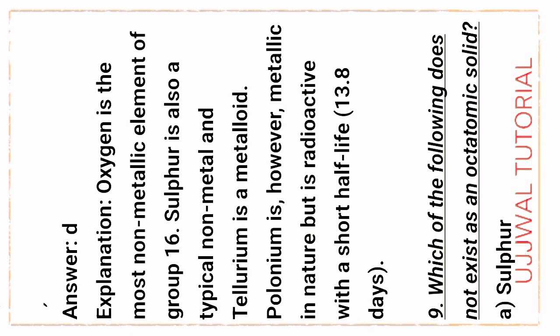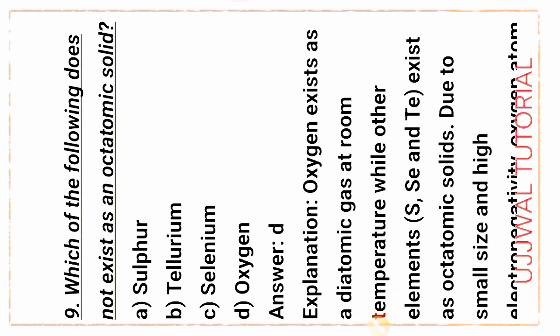Next question, question number 9. Which of the following does not exist as an octaatomic solid? That is option D. To explain this part, oxygen exists as a diatomic gas at room temperature, while the other elements sulfur, selenium and tellurium exist as octaatomic solids.